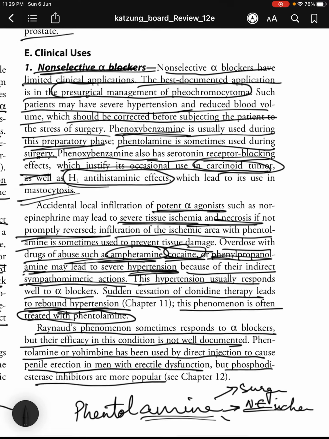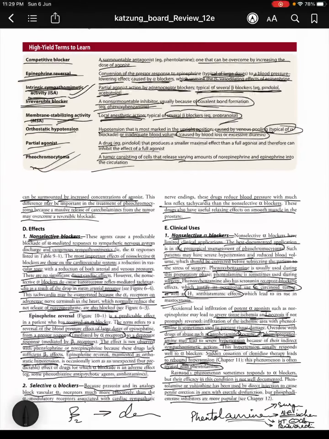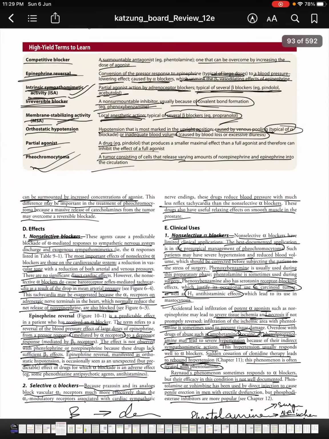And phentolamine is again used whenever there is sudden cessation of clonidine therapy, so hypertension due to cessation of clonidine, and also sometimes you can use it for penile erection. Okay, so for all these you can use phentolamine.